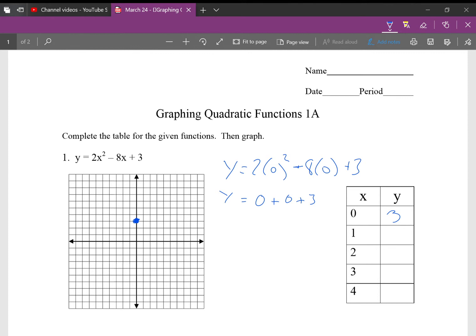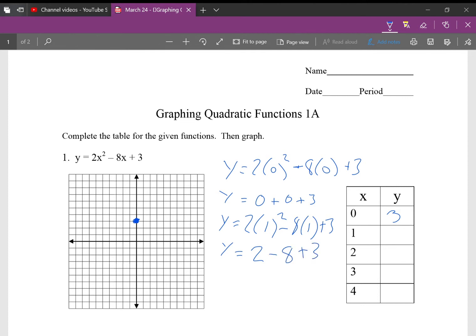Let's continue. I'm going to substitute the next number. Y equals 2 times 1 squared minus 8 times 1 plus 3. Well, 1 squared is 1 times 2 is 2. I'm going to do that all at once just to save a little space. Negative 8 times 1 is negative 8 plus 3.